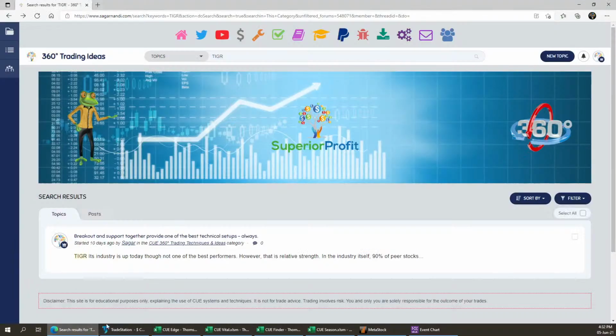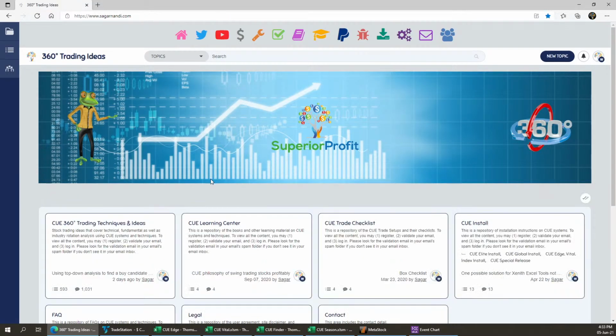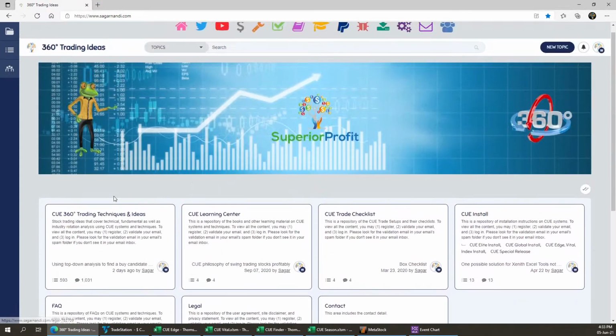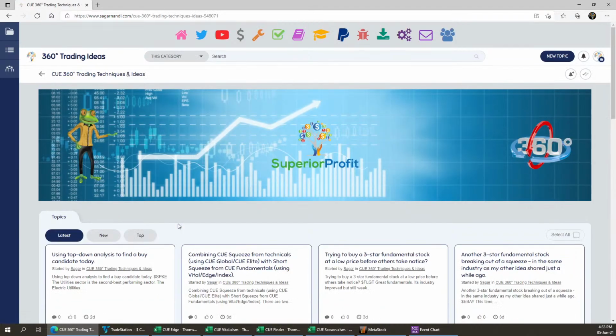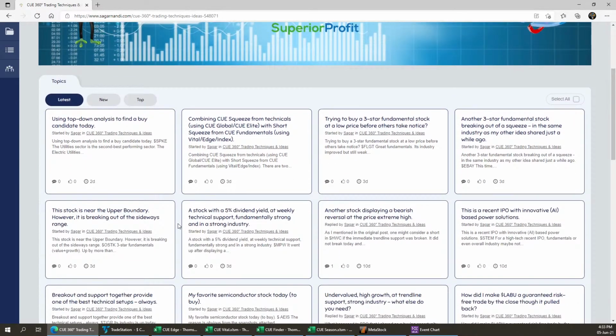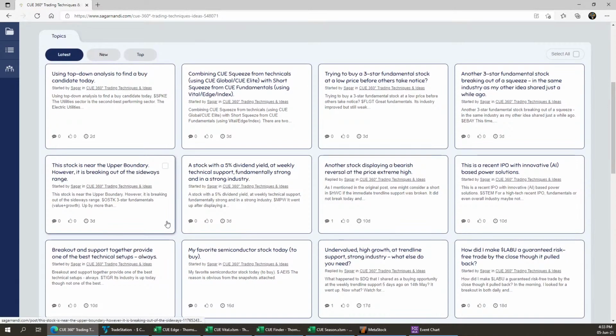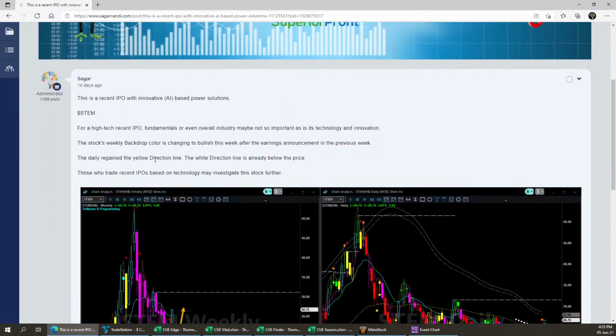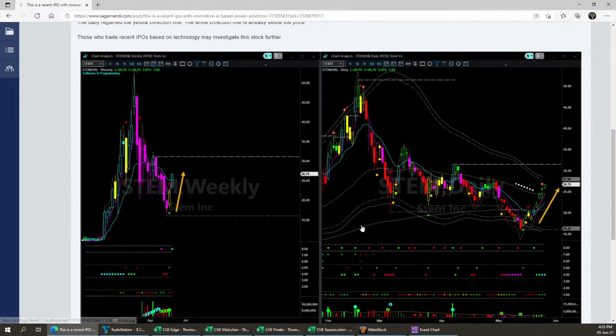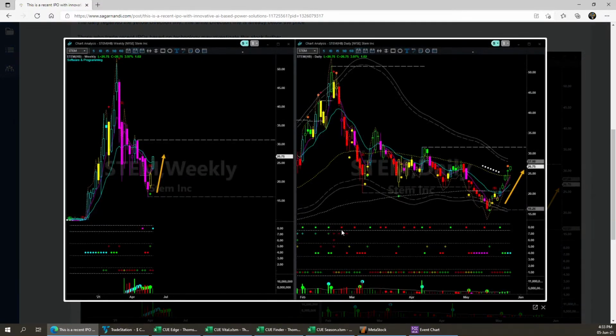Another stock that I shared, also not a usual trade that I share, but I did it recently. That was on a recent IPO. That was in STEM. And if you look at the chart, once again, it was a little bit unusual for that reason.